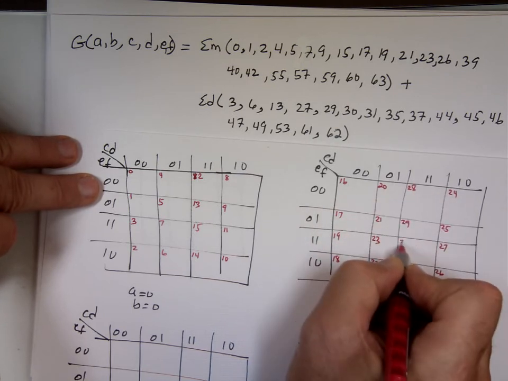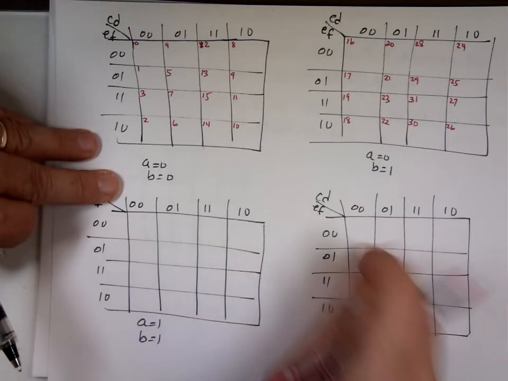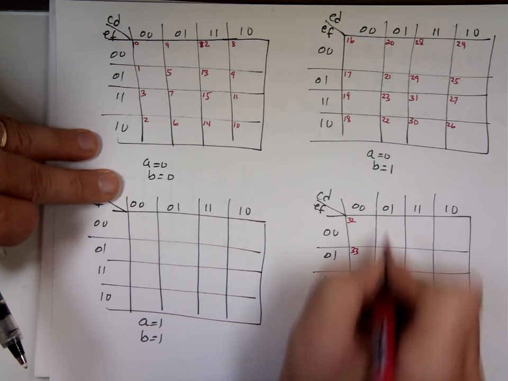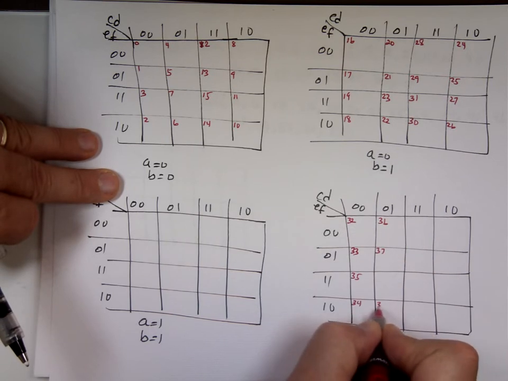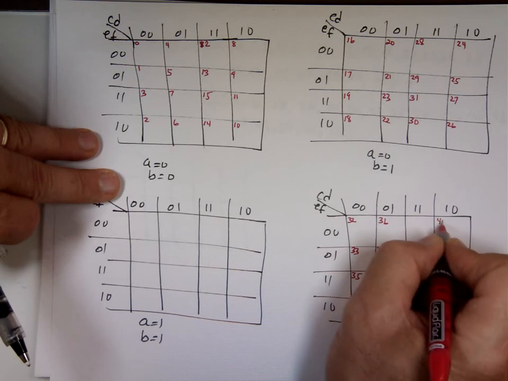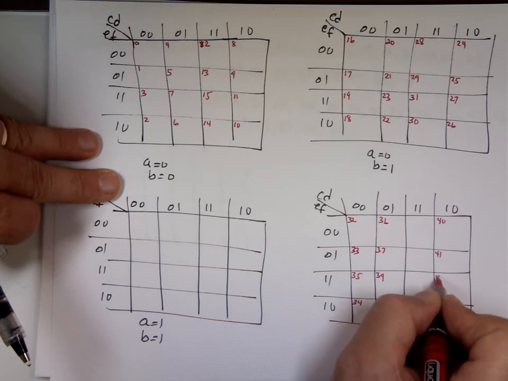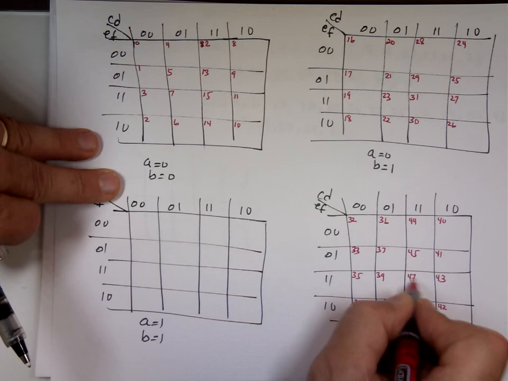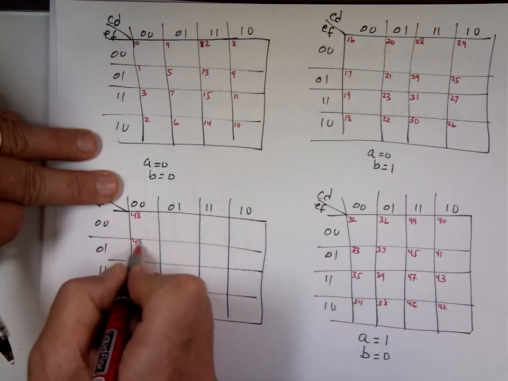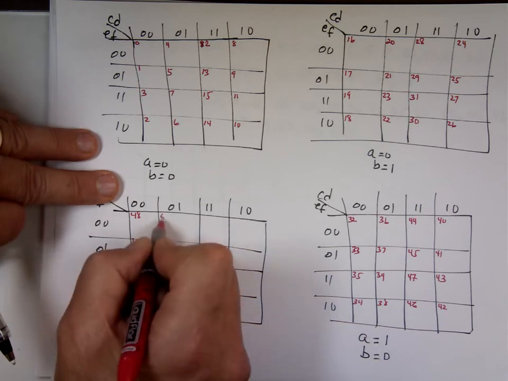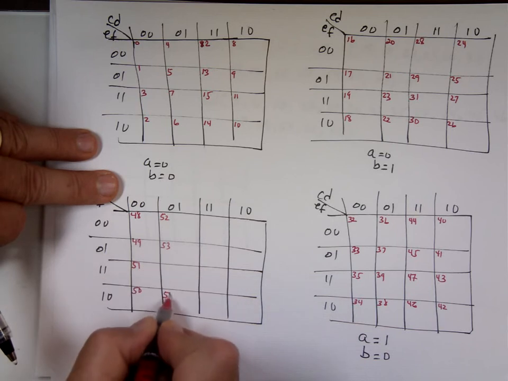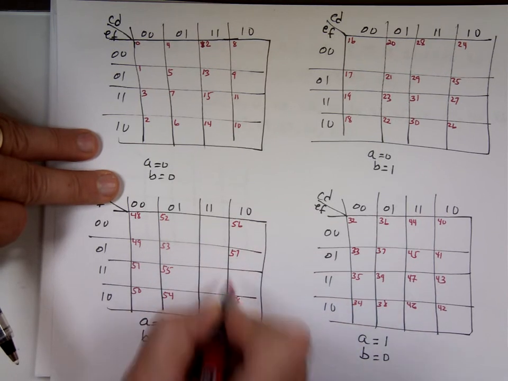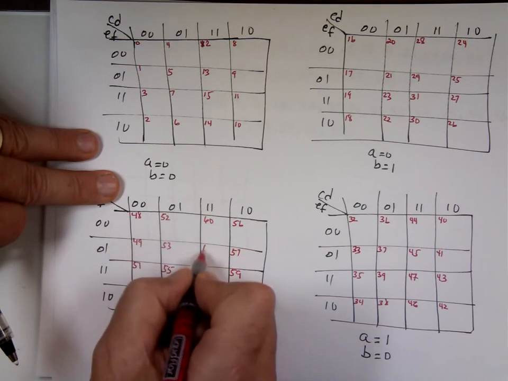Now, this one, that's the top one. 32, 33, 34, 35, 36, 37, 38, 39, 40, 41, 42, 43, 44, 45, 46, 47, 48, 49, 50, 51, 52, 53, 54, 55, 56, 57, 58, 59, 60, 61, 62, 63. Whew.